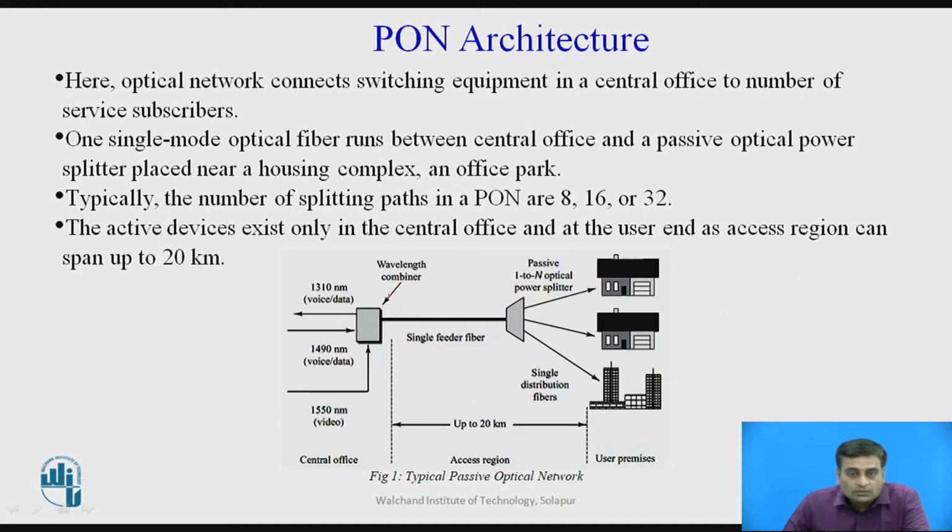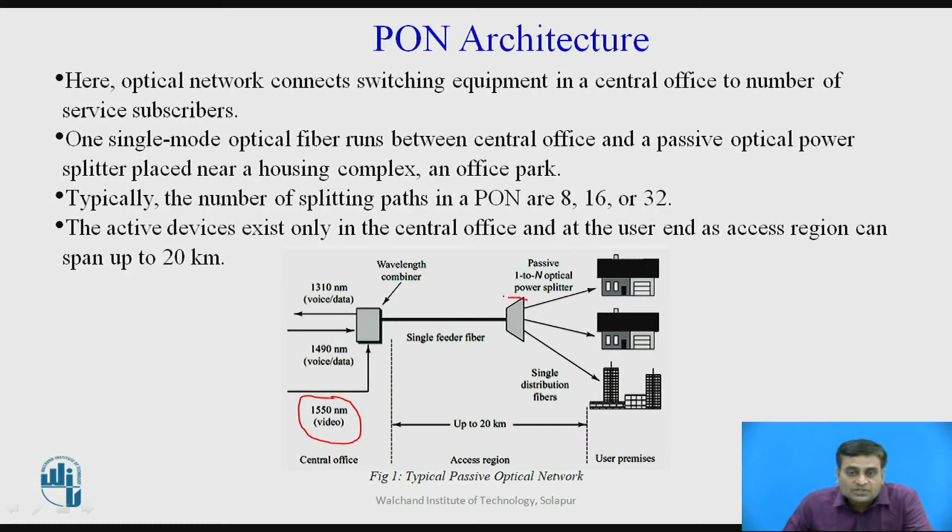When we go for downstream transmission, meaning from the central office to the customer, the voice and the data are digitized and sent over the 1490 nanometer wavelength. For downstream video transmission, the wavelength used is 1550 nanometers.